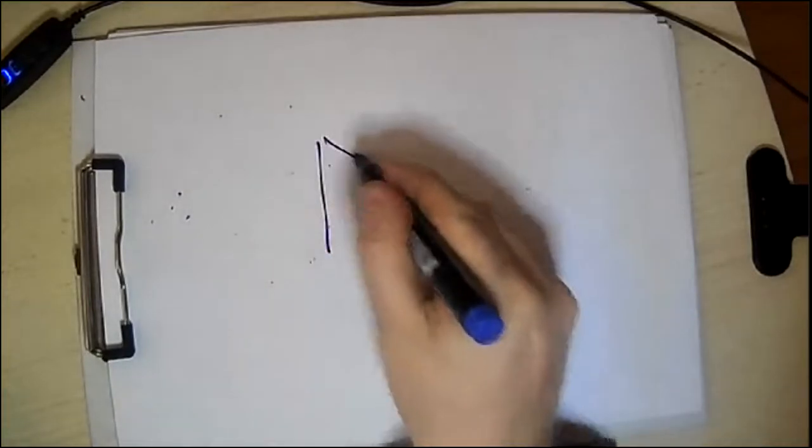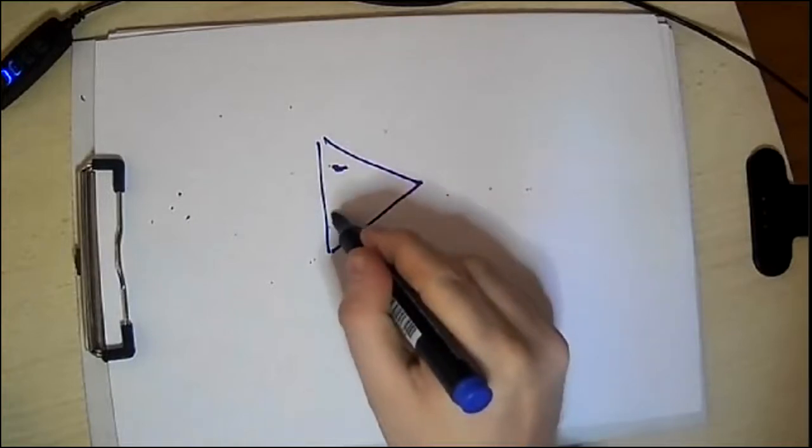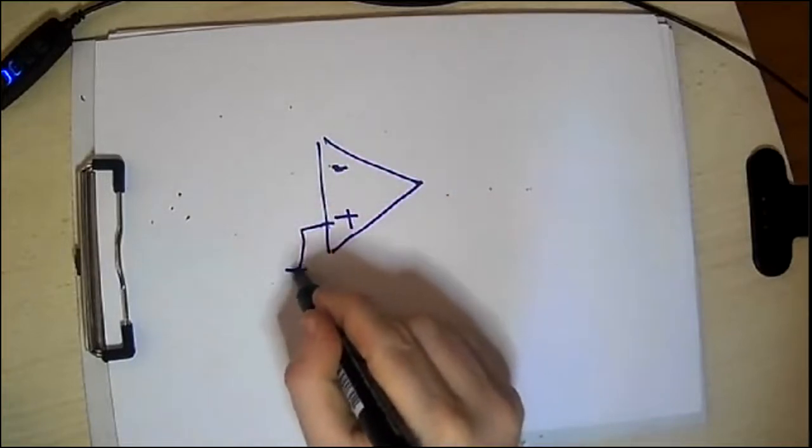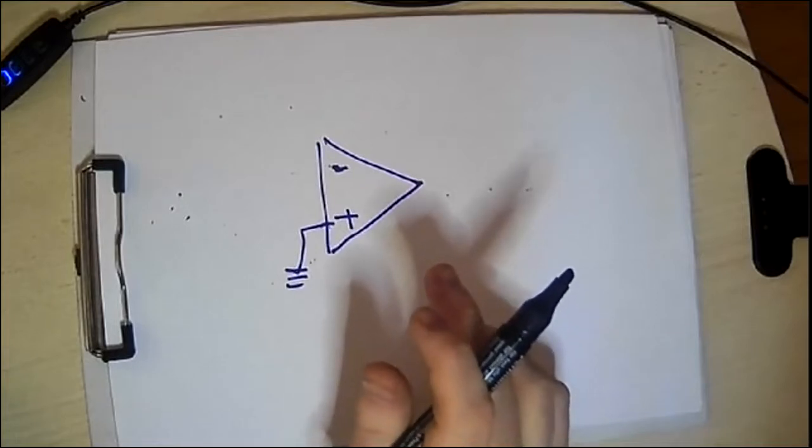Again, let me close the share screen and turn to the board. Now we have an operational amplifier, and this is the inverting input and this is the non-inverting input, which is connected to the ground.